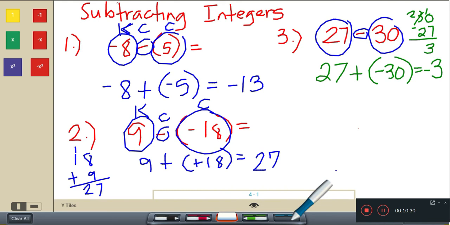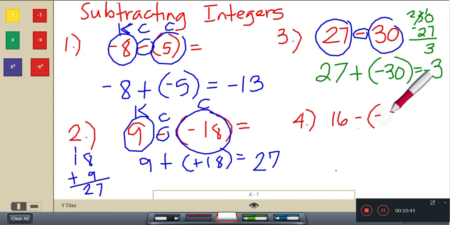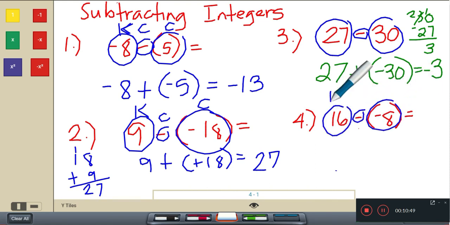So we have 4: 16 minus negative 8. I will ask you to circle this, circle and circle. Then keep, change, change.